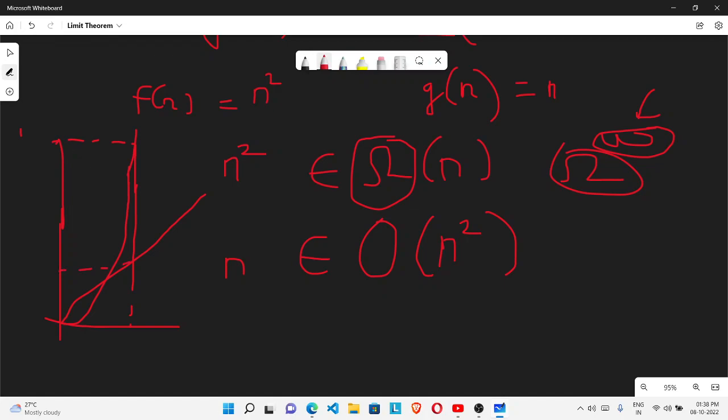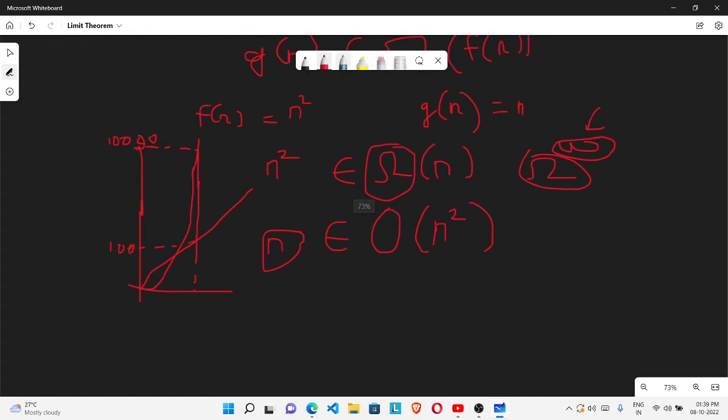So you can visualize the difference, right? For n square it will take a lot more iterations, while for n, if the size of n is equal to 100, it will take only 100 iterations. n square, 100 square, will be 10,000. So yeah, this is the limit theorem.